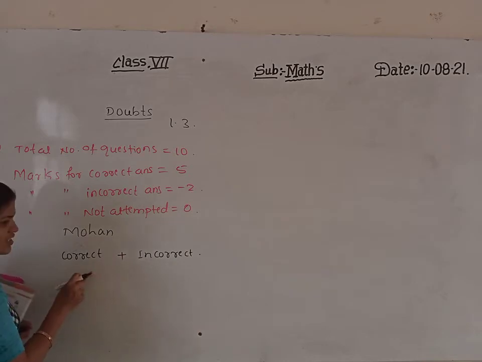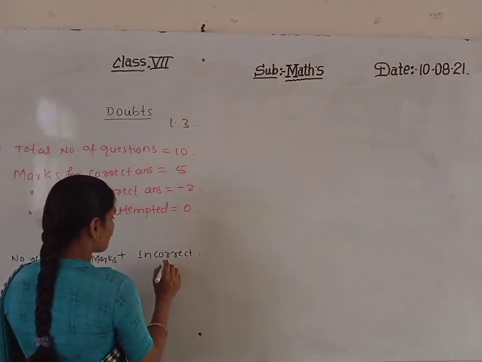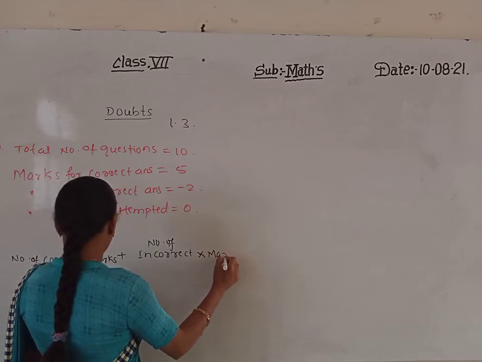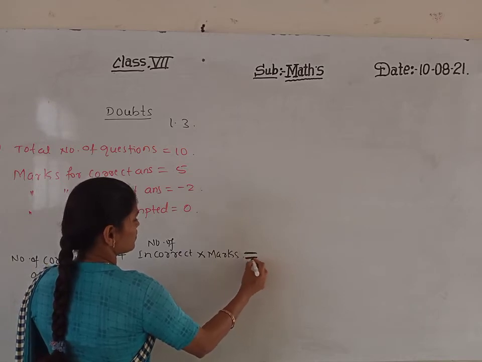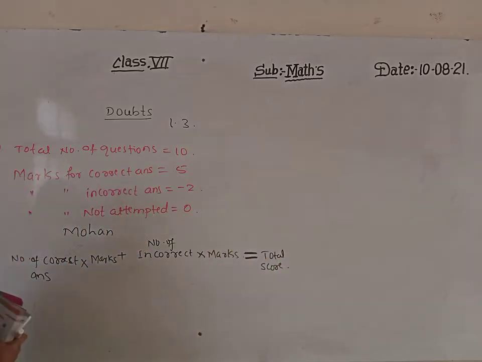The number of correct answers is multiplied by marks for correct answer, plus number of incorrect answers multiplied by marks for incorrect answer. It gives what? Total score.